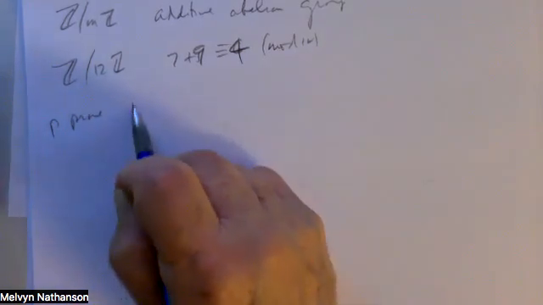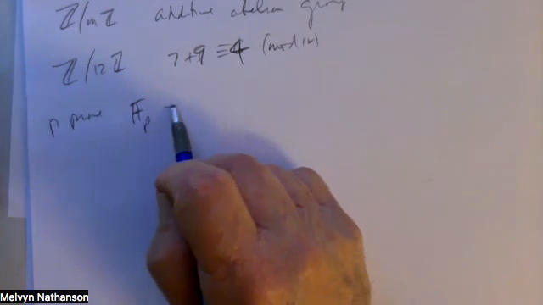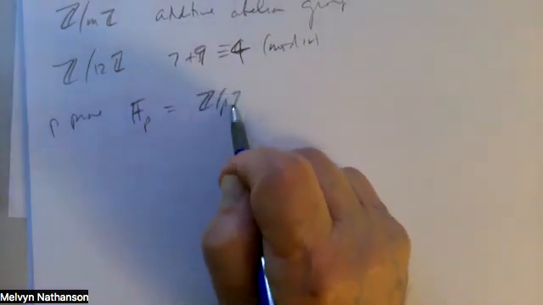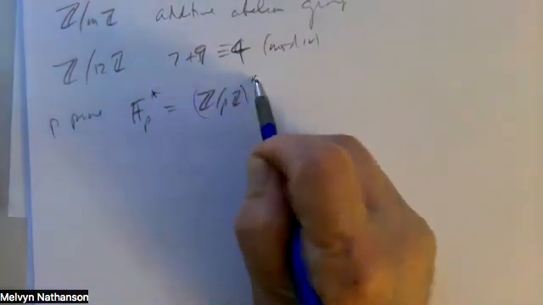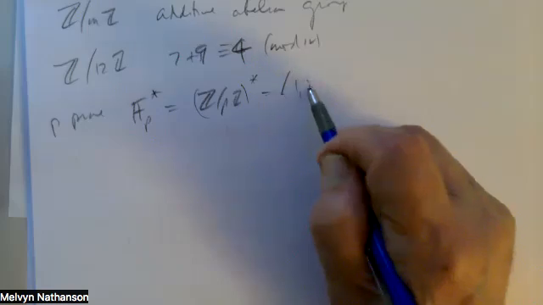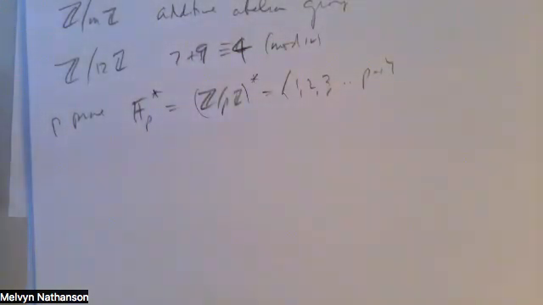If you take a prime number P, the finite field with P elements is just the congruence classes mod P. And if you take the non-zero classes, which is usually denoted F_P star, this is the set of numbers 1, 2, 3, up to P minus 1.